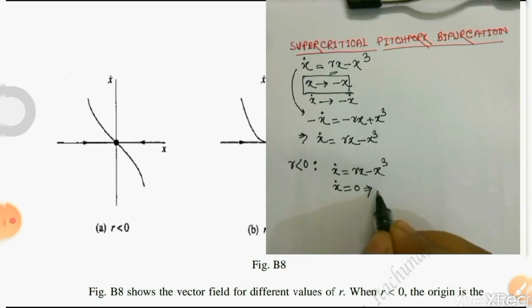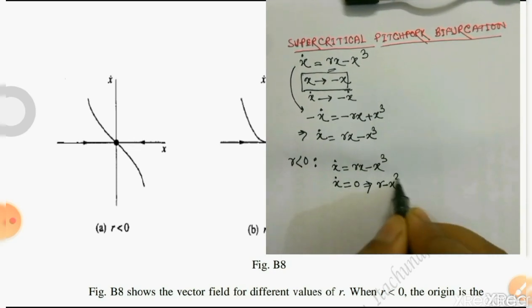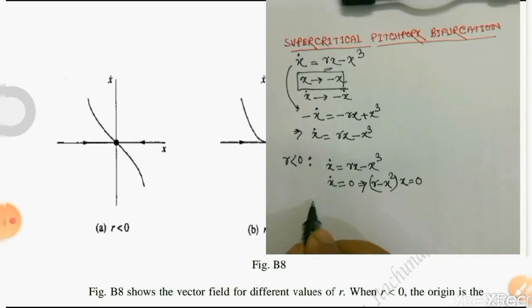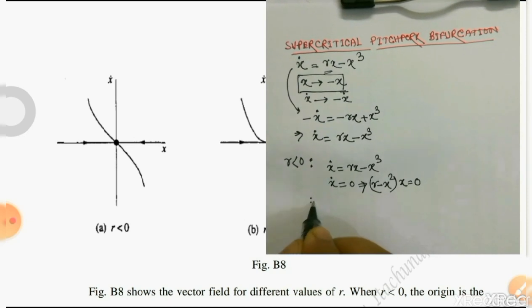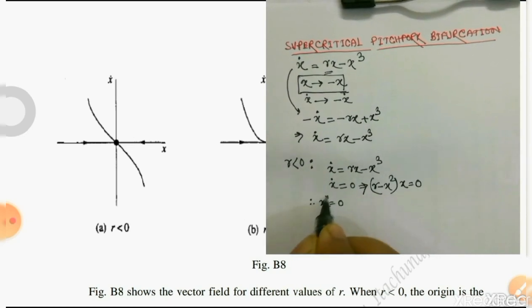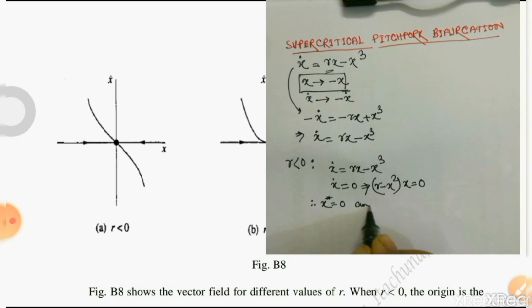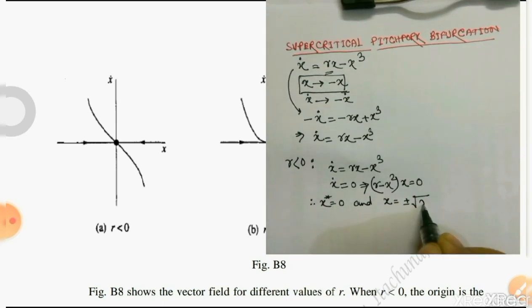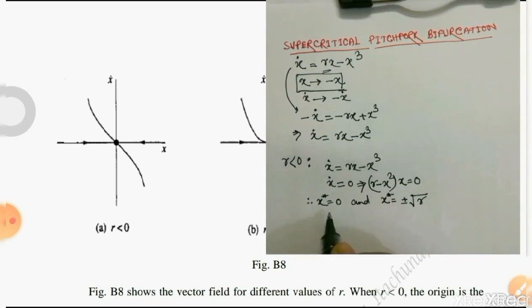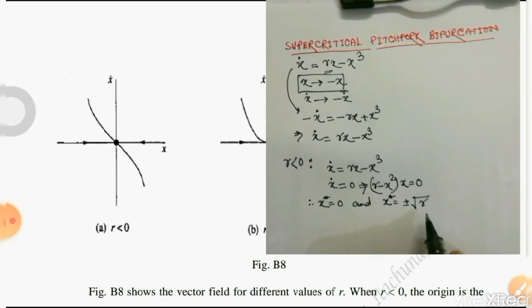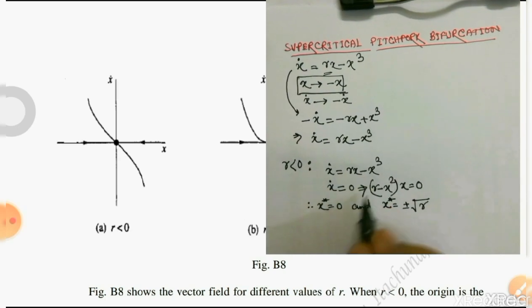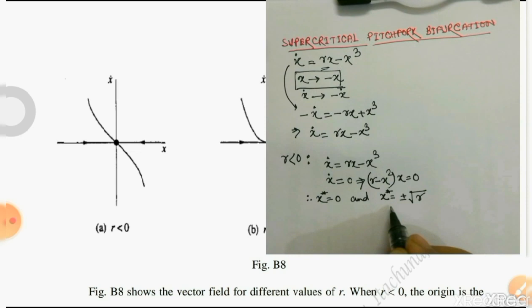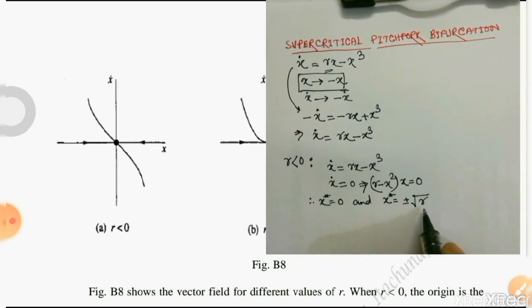This will give r minus x square, times x, equals 0, and therefore x is equal to 0 or x is equal to plus minus root of r. So, these are the fixed points for this equation. x star equal to 0 is a fixed point, and these two could also be fixed points.